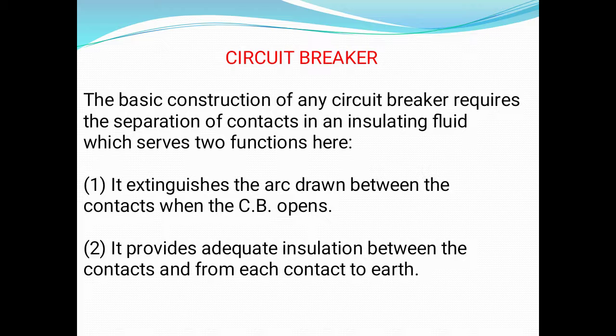So during this process, circuit breaker operates automatically. So basic function of circuit breaker is as a switch which trips the circuit automatically as the input received from the relay.